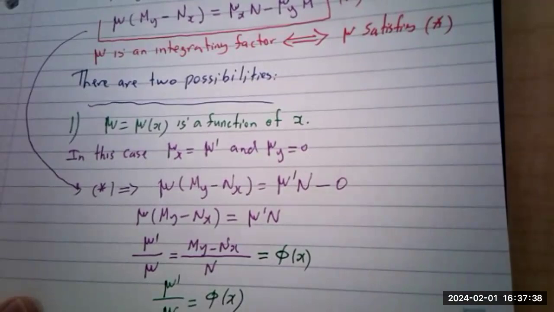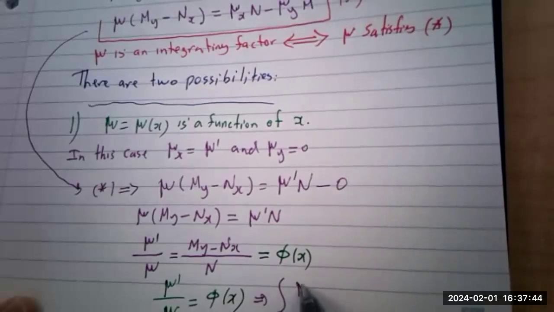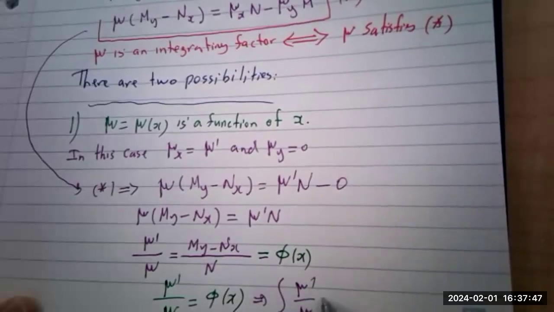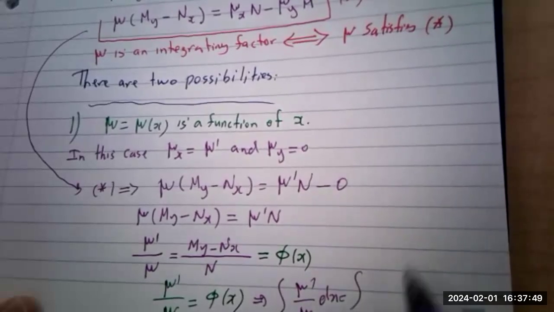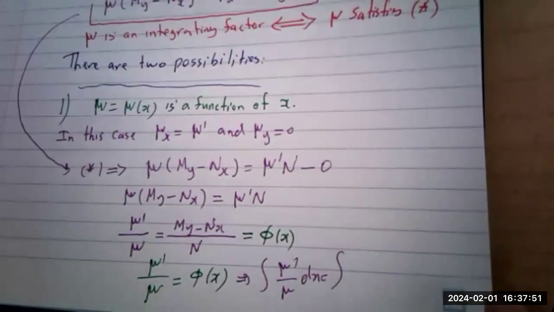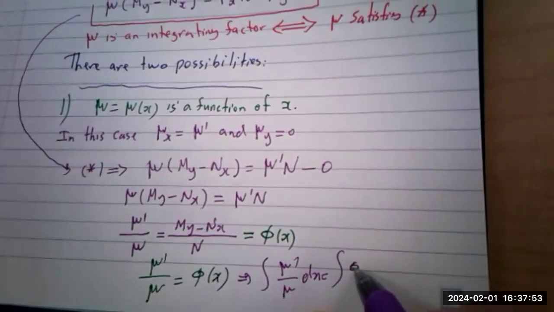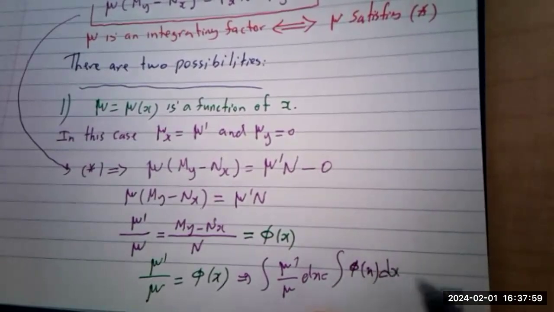Integrate. If you integrate it, what's the integral to the left? It's mu prime over mu dx equal to the integral of phi of x dx. It's customary to write it as phi.